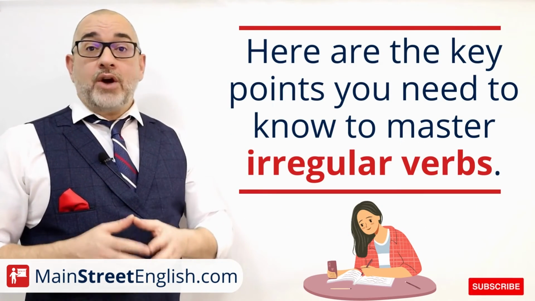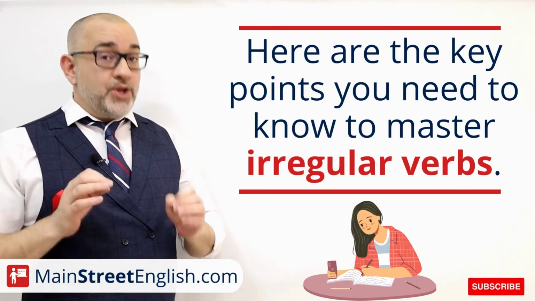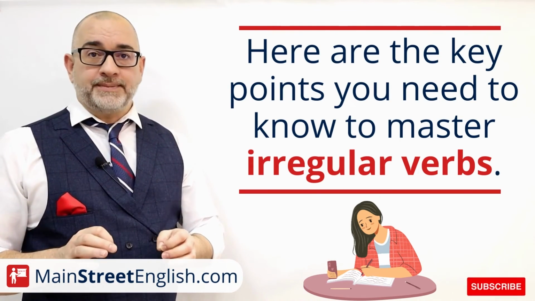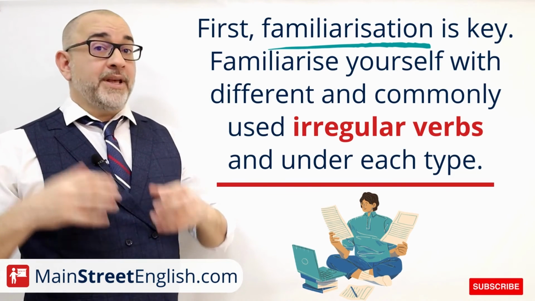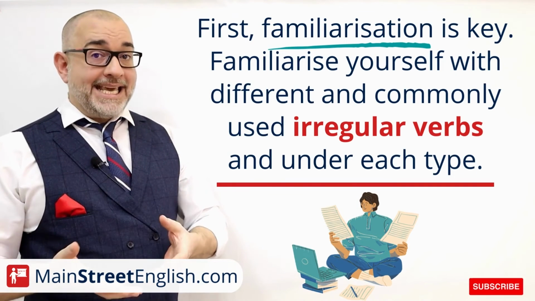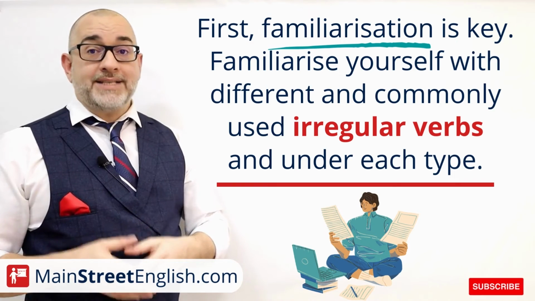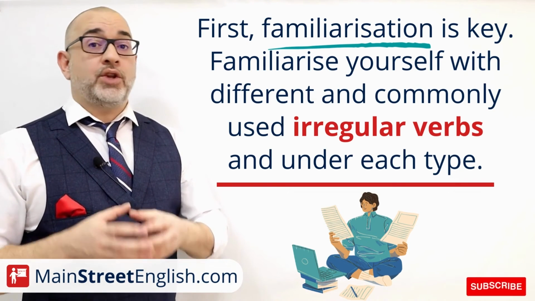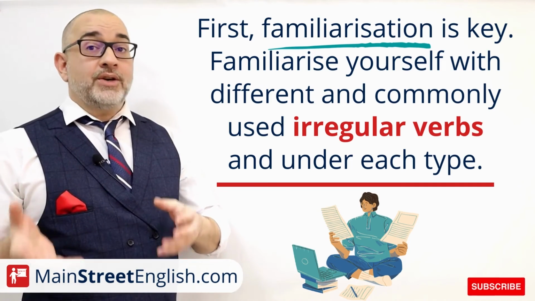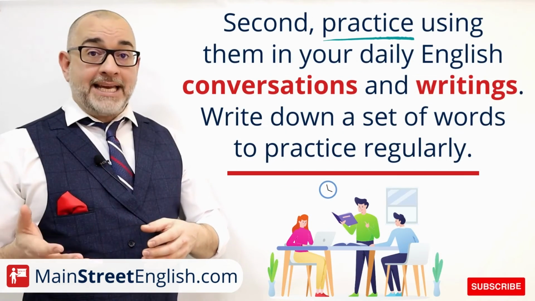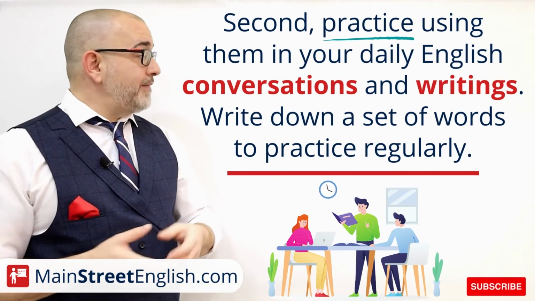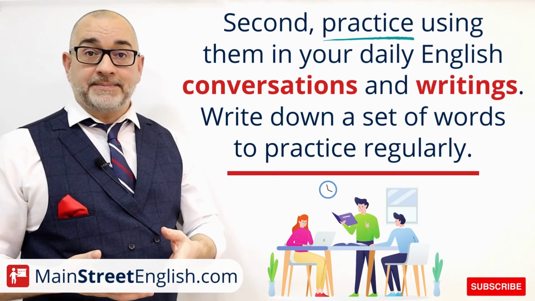Now, here are the key points you need to know to master irregular verbs. First, familiarization is the key. Familiarize yourself with different and commonly used irregular verbs under each type. Second, practice using them in your daily English conversations and writings.